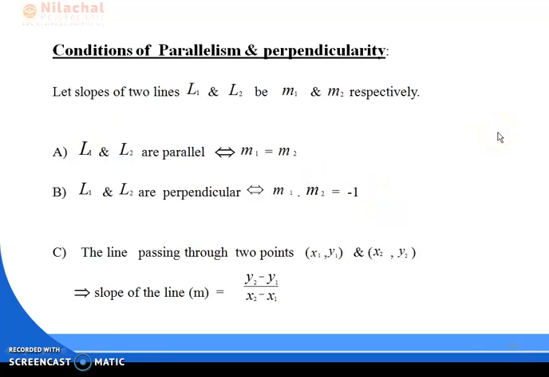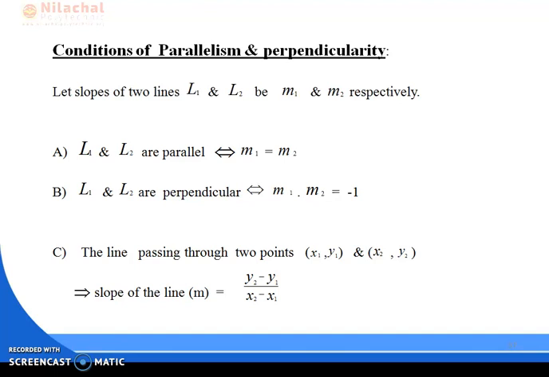Condition of parallelism or perpendicularity. Let's see. Let the slopes of two lines L1, L2. L1 means line number 1, L2 means line number 2, and m1 is slope number 1, m2 is slope number 2. That means the slope of L1 is m1, and the slope of L2 is m2.